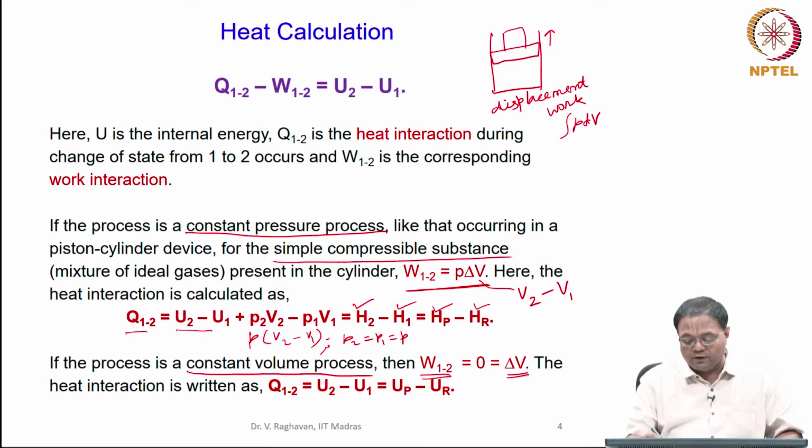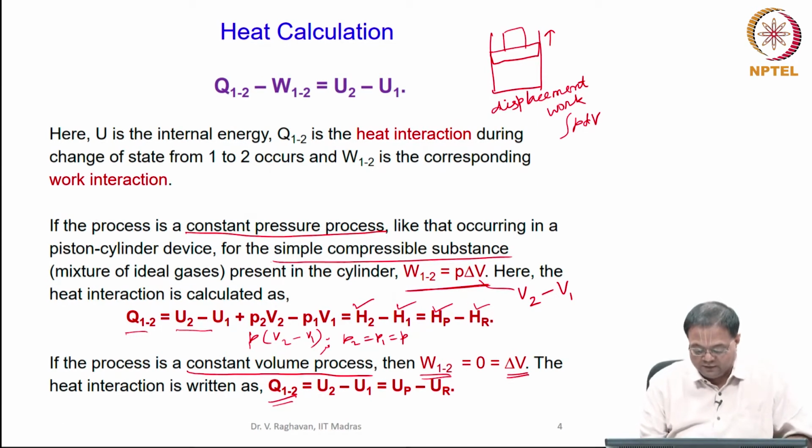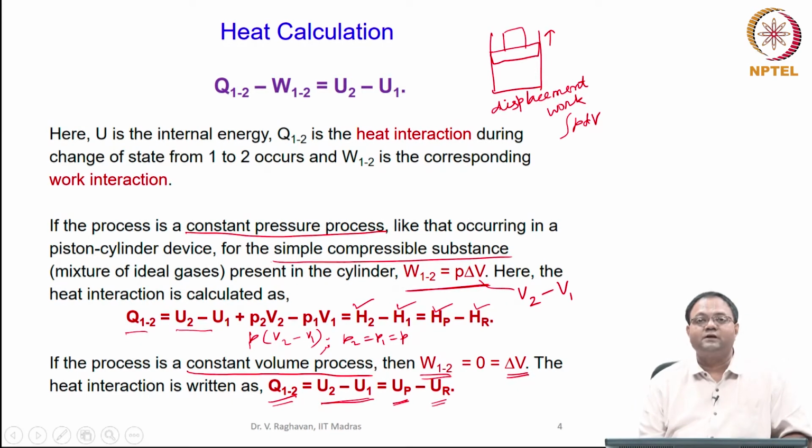W12 is P into delta V, and dV is equal to 0, so W12 will be equal to 0. In this scenario, the heat interaction Q12 is the change in internal energy, U2 minus U1, or the product's internal energy minus the reactant's internal energy.